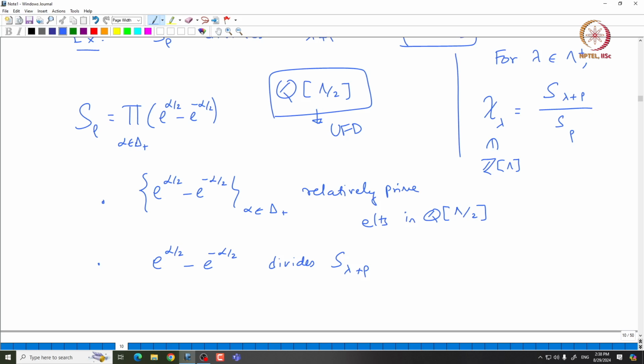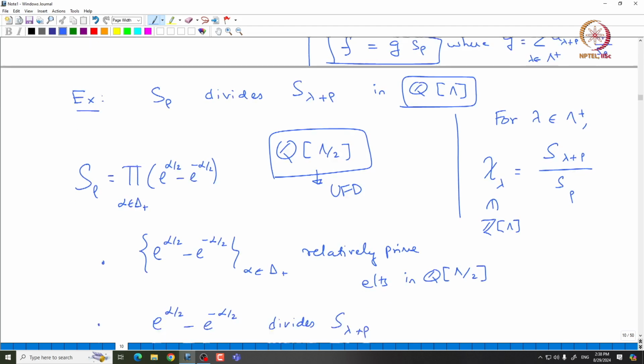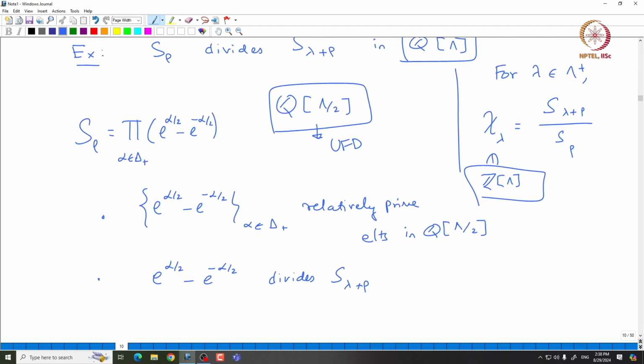So, this proves that the ratio must be inside Q bracket lambda by 2, but you can compare the coefficients and then immediately see that the ratio must lie inside Z bracket lambda. I will leave it to you to think about it.